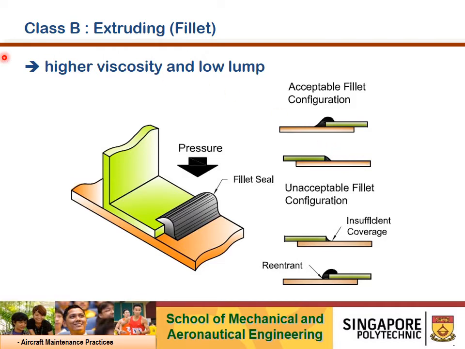All right. So just remember the few purposes of sealant application is to prevent transfer of fluid and fumes, and aerodynamic issues. So a proper fillet sealing compound will ensure that all these are achieved.